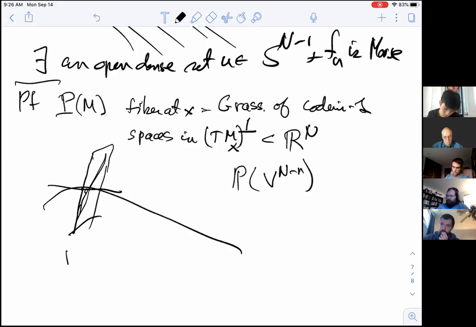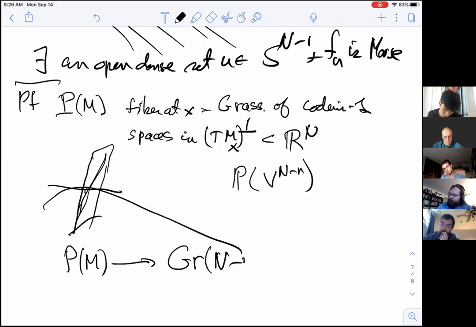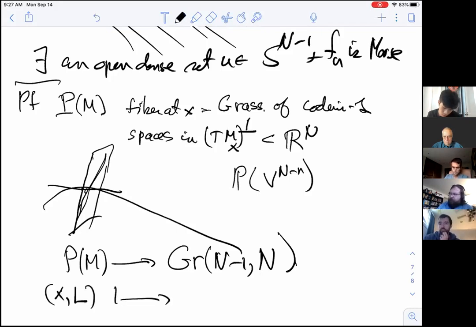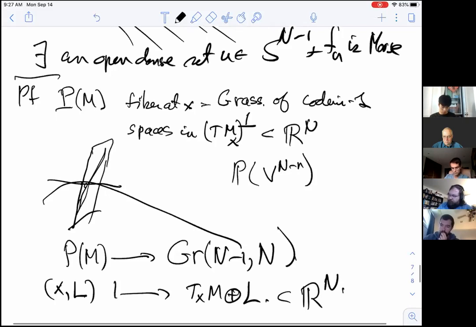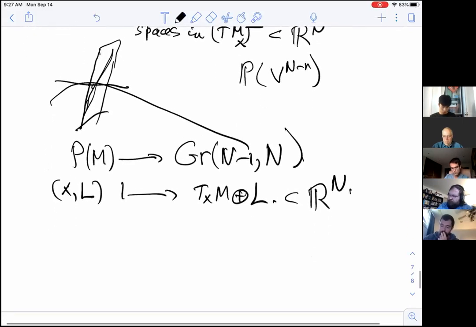Now there's a map from the total space of this bundle to the Grassmannian of codimension 1 spaces in the ambient space. Given a point and a linear subspace, you simply take the direct sum of the tangent space of the manifold plus that codimension 1 linear subspace, and that's a codimension 1 linear subspace in the ambient space. So let's call that map phi.